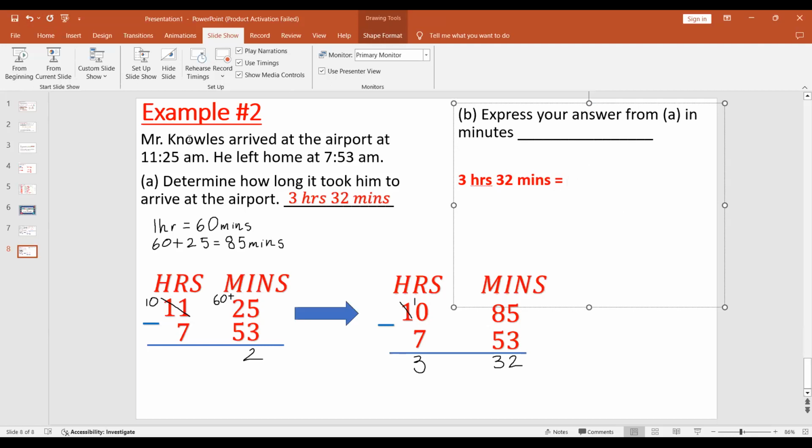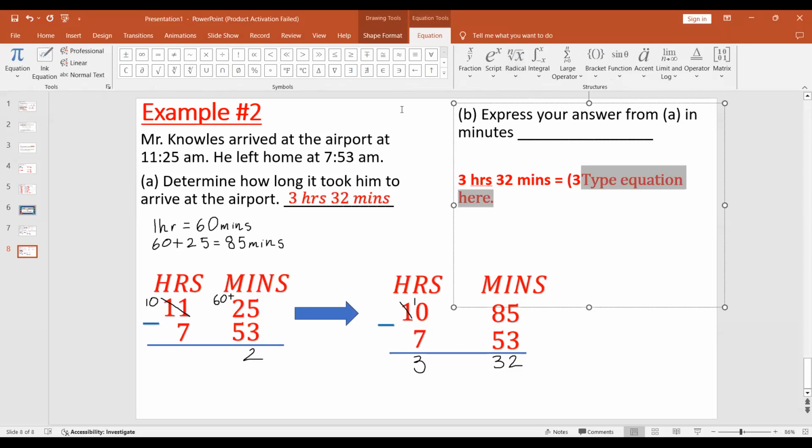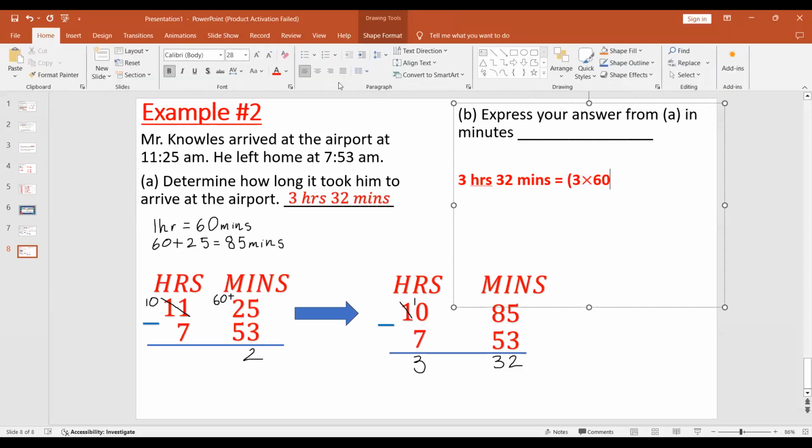There are different ways we could do this. We know that it's 3 hours, right? So how many minutes is an hour? 60. Good. So we're going to say 3 times what? 60. Very good, 3 times 60 plus what? 32 minutes. Plus 32.